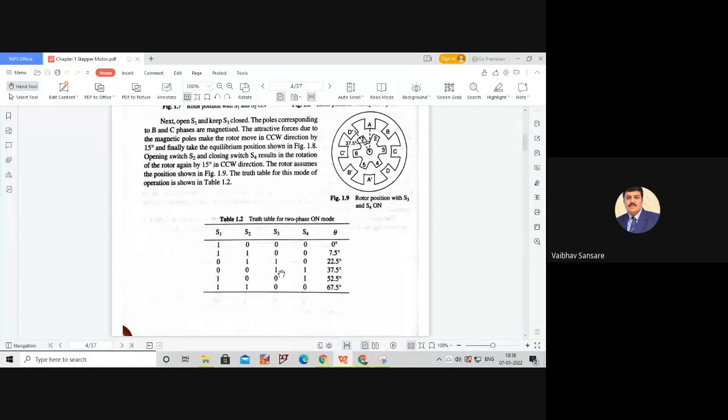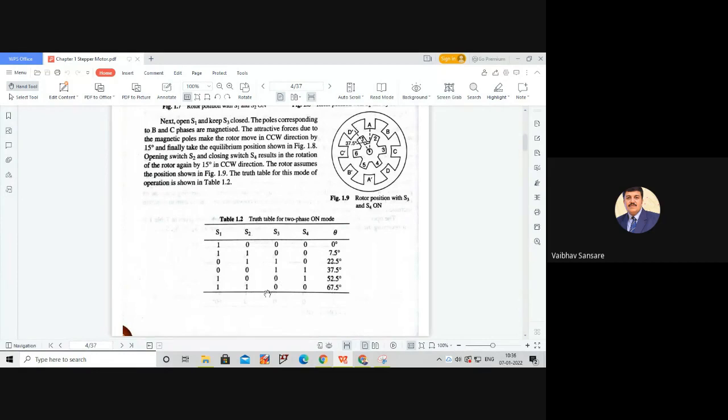In this case, switches S3 and S4 are both on. The rotor will again rotate in the counterclockwise direction by 15 degrees and attain a position which is 37.5 degrees counterclockwise from its initial rest position. After that, open S3, close S1.